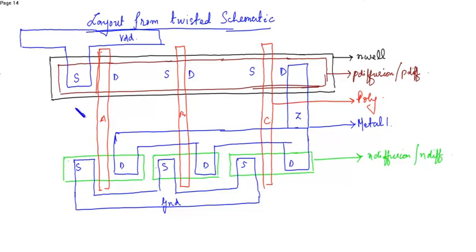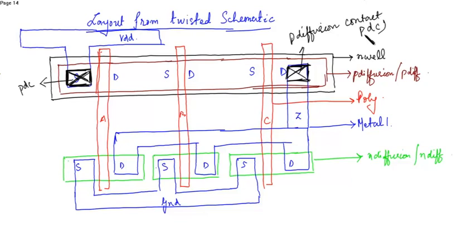Now we have to place the contacts here. In order to connect this metal with the P diffusion layer, you have to place a P diffusion contact. It's PDC. Similarly, you have to place over here also. This is a P diffusion contact, or you can write it as PDC.